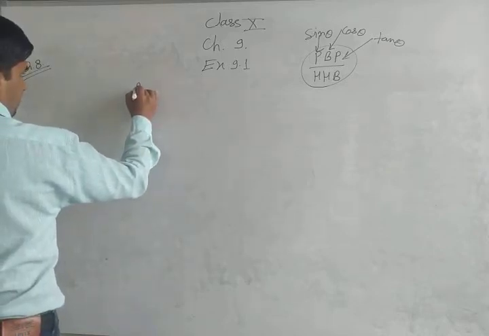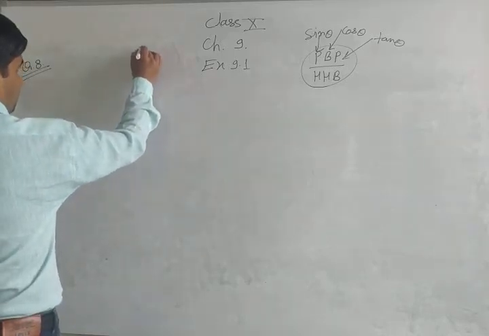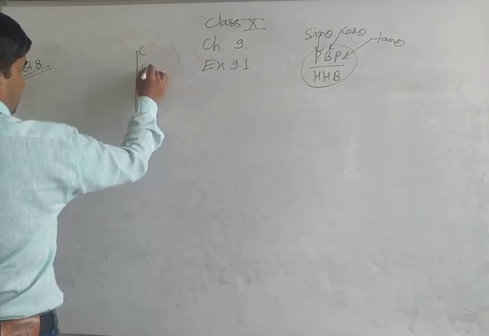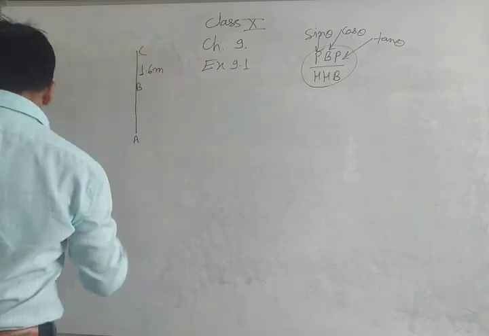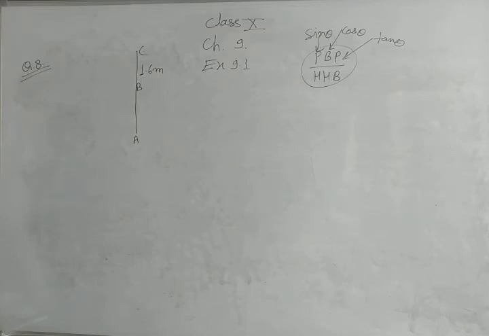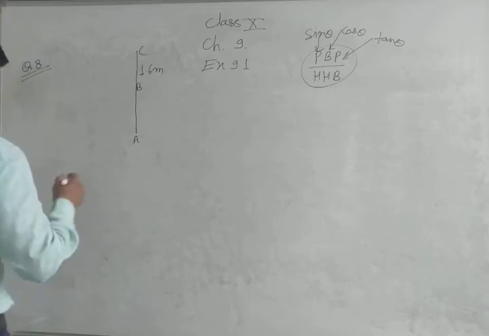And this is the statue and this one is C. Height of statue is 1.6 meter. From a point on the ground, the angle of elevation of the top of the statue is 60 degree.